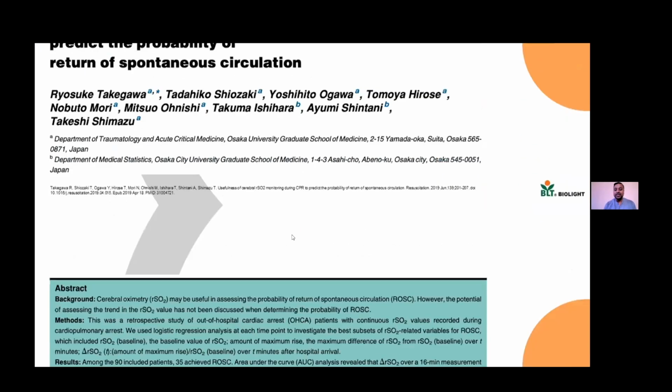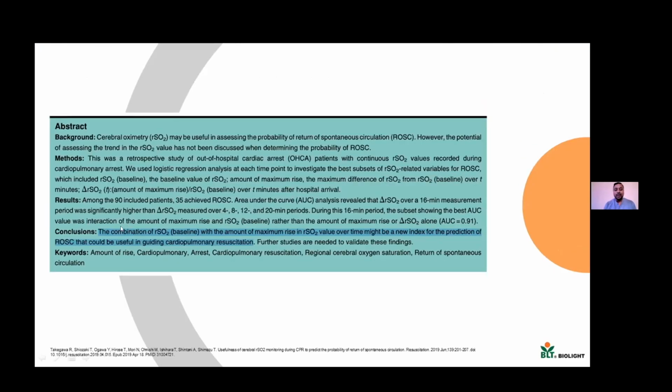This study has shown that the combination of baseline regional oxygen saturation with the maximum rise in regional oxygen saturation value over time might be a new index for predicting whether our patient can survive or not. That could be useful in guiding cardiopulmonary resuscitation.